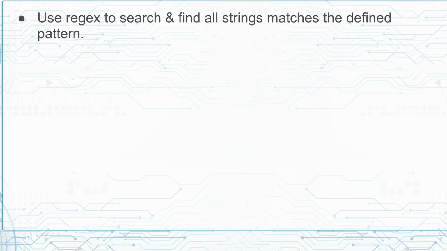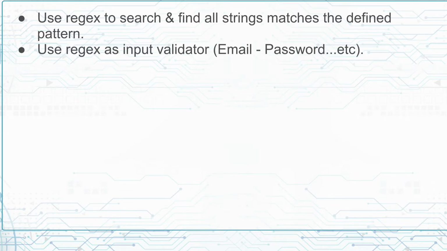We use regex to search and find all strings matching the defined pattern. We also use regex as an input validator. If you have an email entered by the user, you can validate the integrity of this email by using regex. So enough with the theory, let's start writing our first regex pattern.